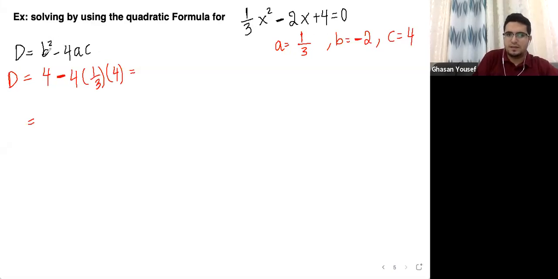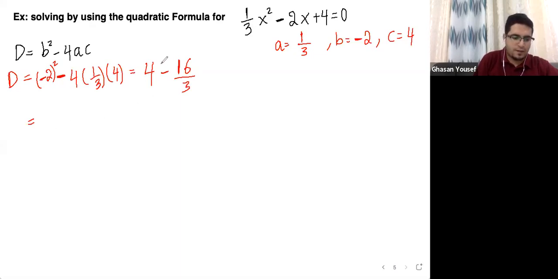The b, I plug it inside the square. So b squared is minus 2 squared, and minus 2 squared is 4. So minus 2 squared gives 4, minus 4 times 4, which is 16 over 3.